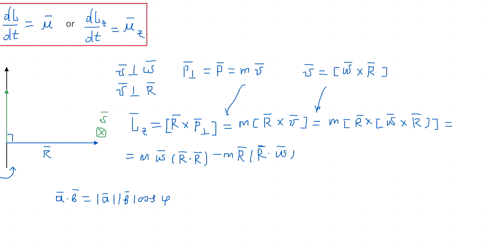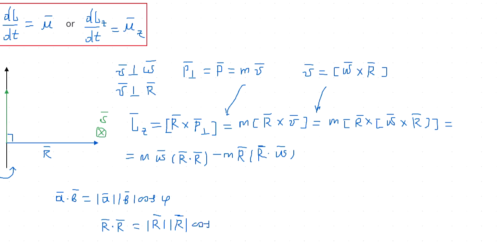And according to this formula, we have that the dot product of R and R is equal to the modulus of R times the modulus of R times cosine, because R and R are the same vector.